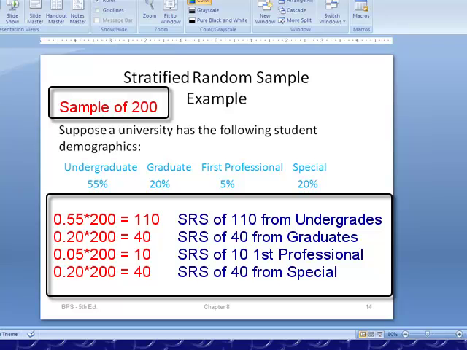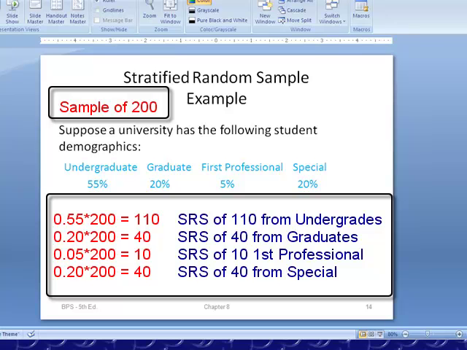So I'm going to have to take a simple random sample of undergraduates, and I want my simple random sample to have 110. I want 110 in my simple random sample from undergraduates. I do the same thing for my graduates, 0.20 times 200 to get how many I want in my simple random sample.